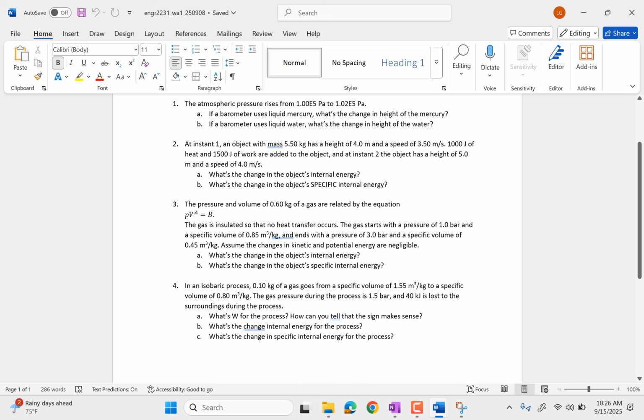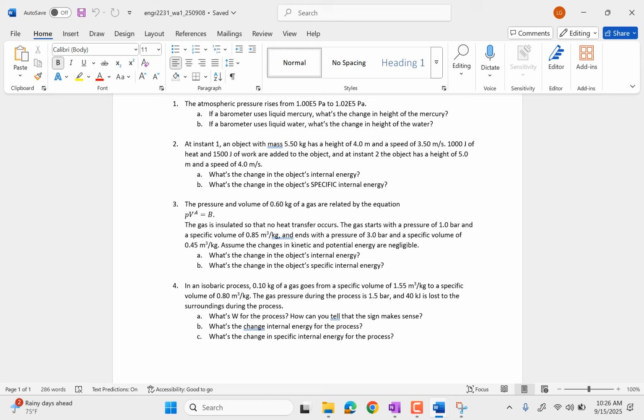Okay, well, it does not give a mass, it looks like. Oh, okay, yeah, I missed it. Okay, so it gives you a mass. So you can always go from specific volume to volume if you have the mass.